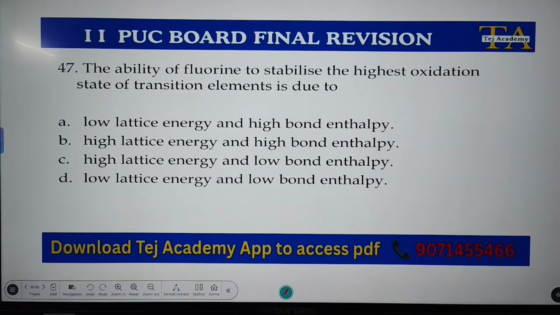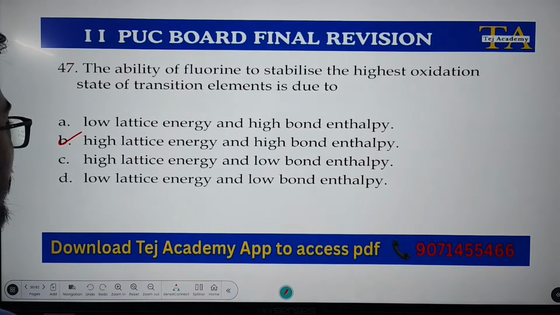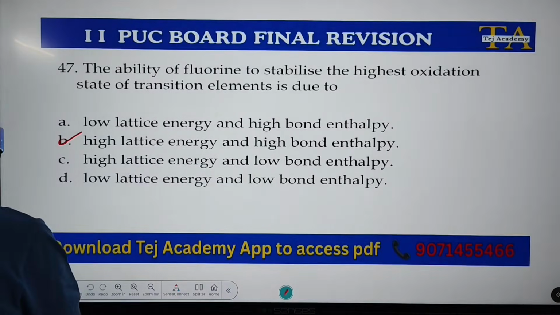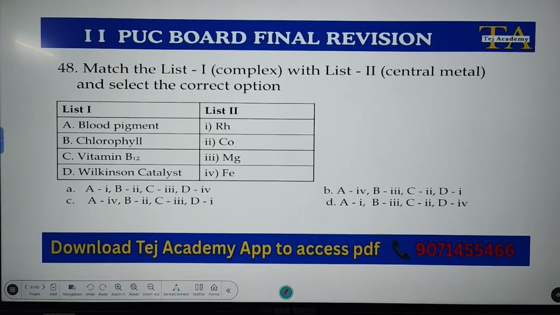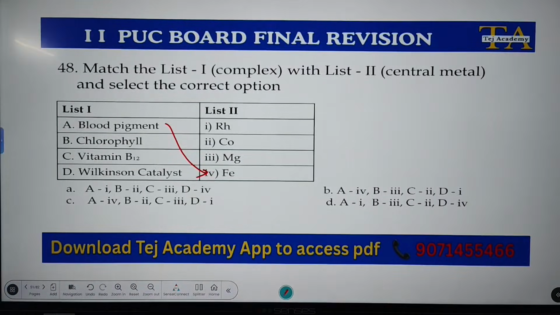47. The ability of fluorine to stabilize the highest oxidation state of transition metals is due to highest lattice energy and high bond enthalpy. So remember this. 48. Match the following. Along with central metal and complex we have to identify. Now check for blood pigment, iron.